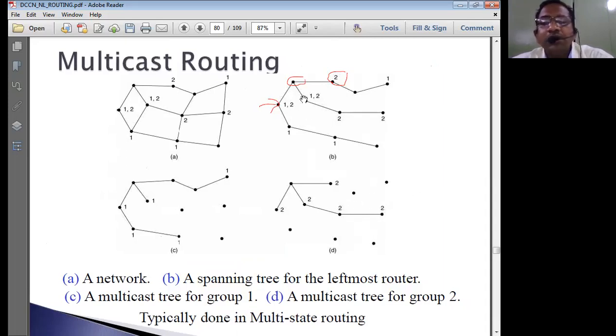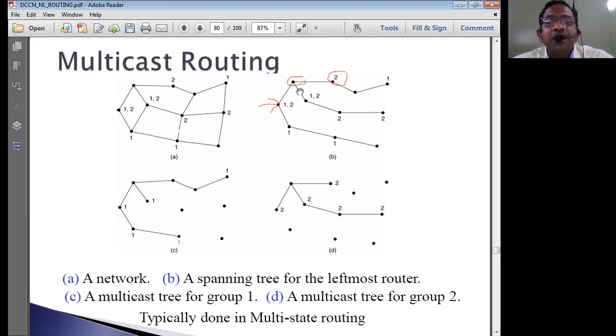Non-loop means the graph ends at a particular point and is not closed. If you connect these two routers here, the network would be called a closed network, and a loop would be formed. But there is no loop in the case of the spanning tree.